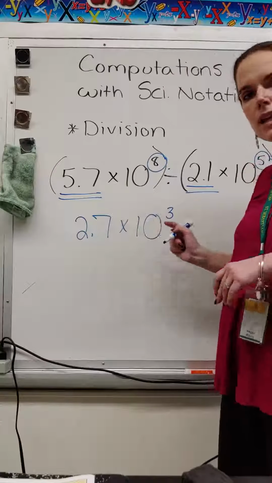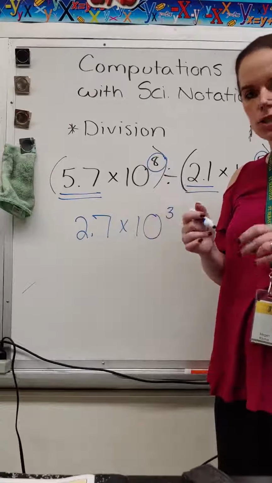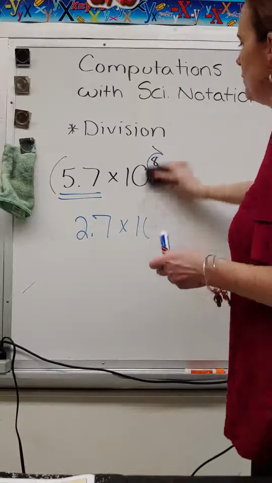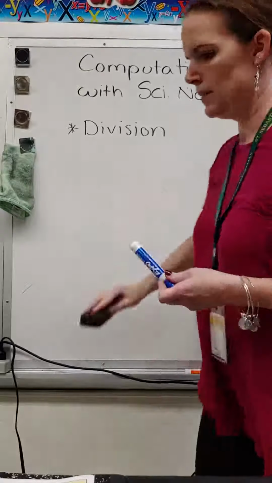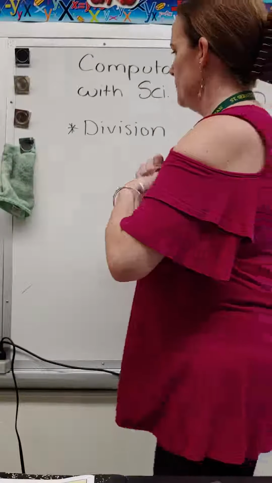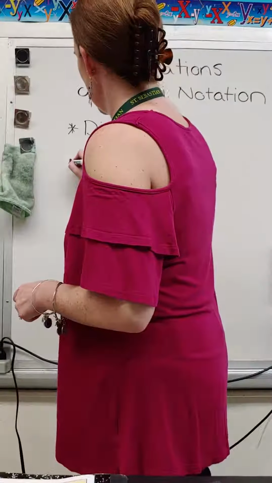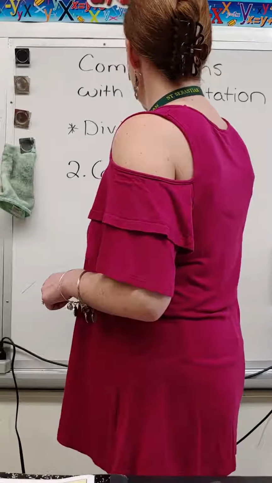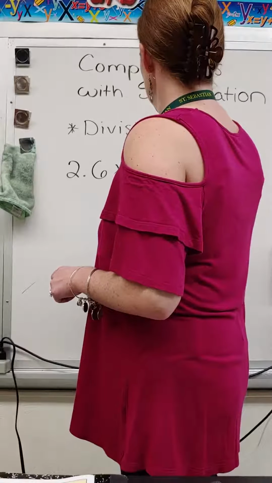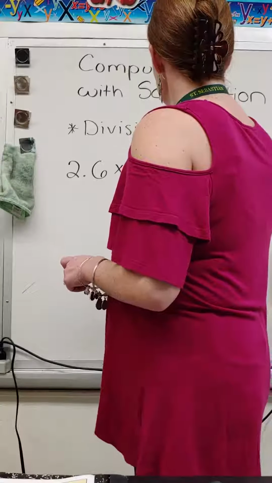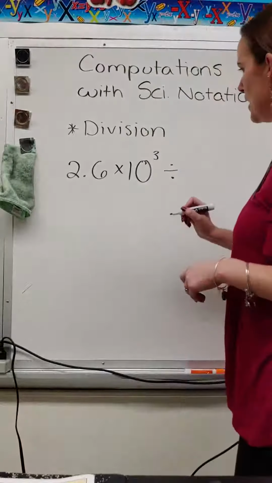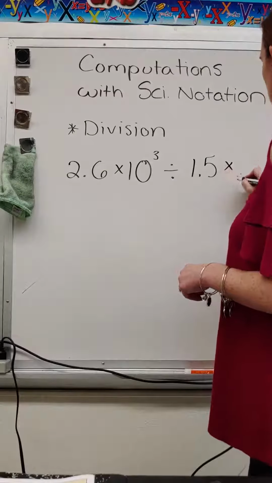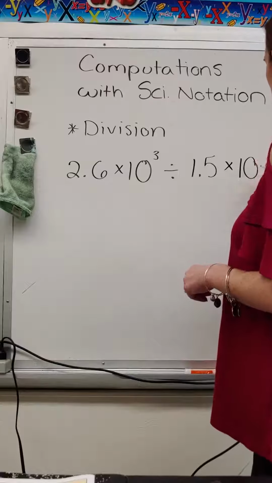If it wasn't in scientific notation, we would have to change a couple things. So let's do one more of those. Say we have 2.6 times 10 to the third, and this time we're going to divide that by 1.5 times 10 squared.